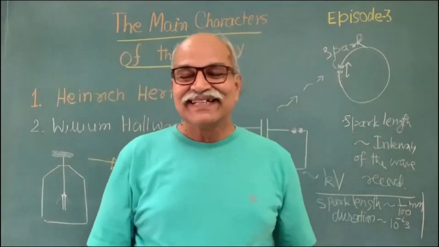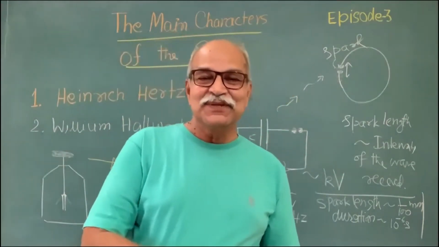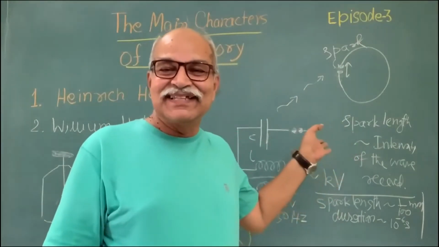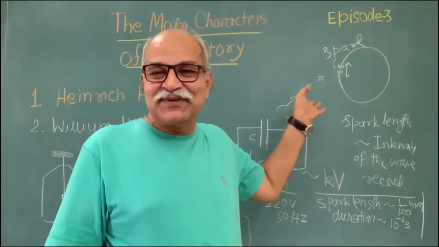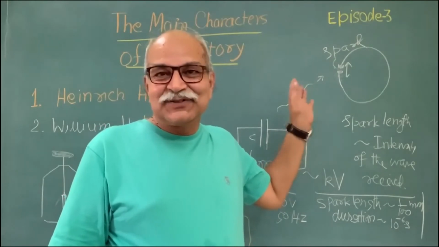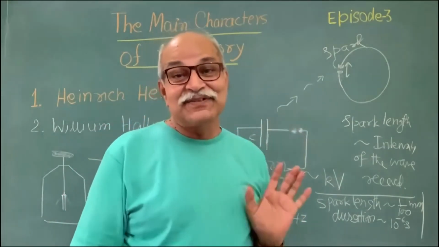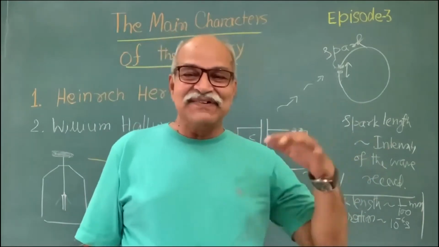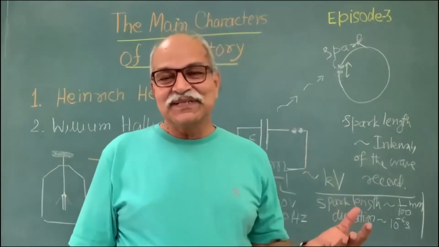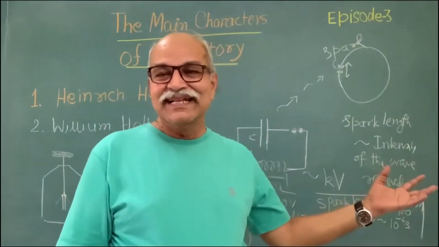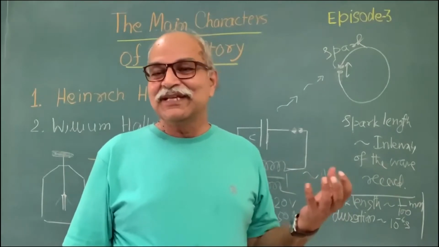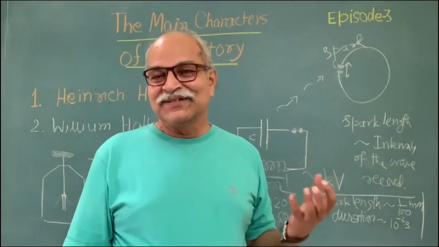And if you rub dissimilar things, then electrons get transferred from one to the other. Remember, we are talking of 1887 and 1888. The electron has not formally entered our story. The electron comes only in 1897, when J.J. Thomson completes his series of experiments on cathode rays and shows that every material has electrons.